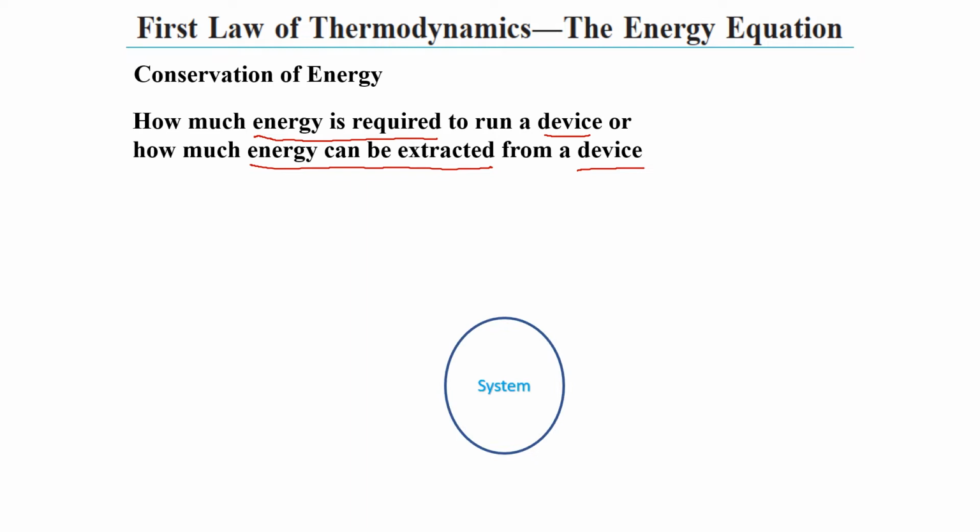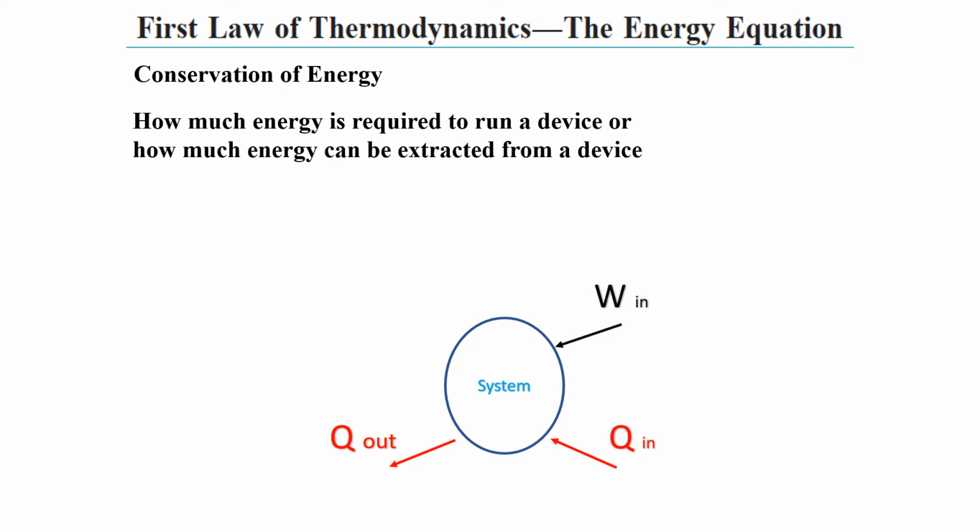Again, just to be clear, if this is our system, the change in internal energy in that system occurs if we add heat to the system or extract heat out of it. The internal energy can also change if we work on the system, or the system does work on some other mechanical device, and in that case it loses some energy.